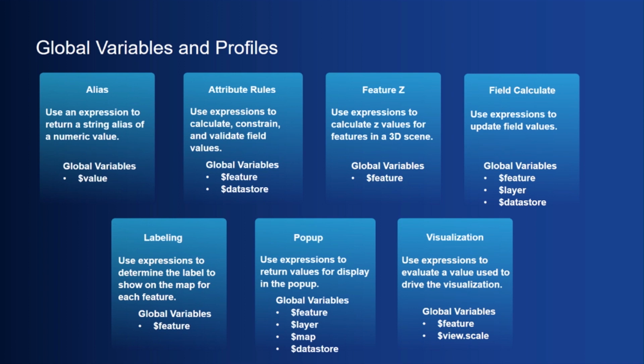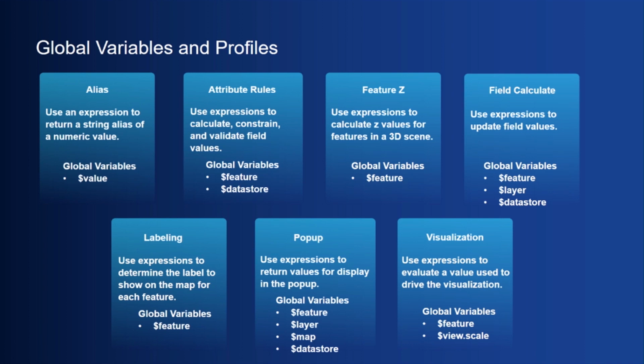The other thing I want to point out on this slide is that depending on what you want to do, it's going to determine what information Arcade can gather from its environment. So if you're using it for labeling, it's going to be able to get information about the feature it's currently working with.